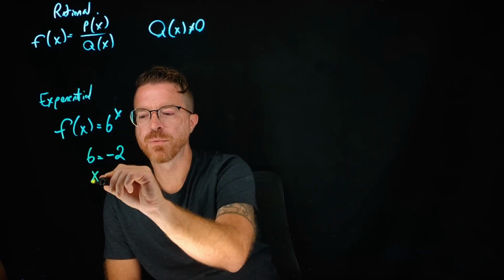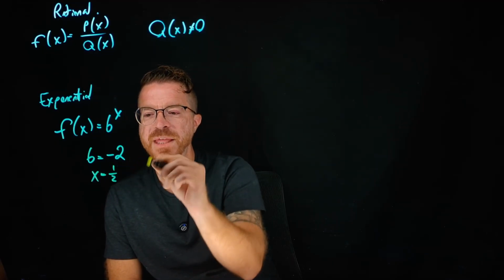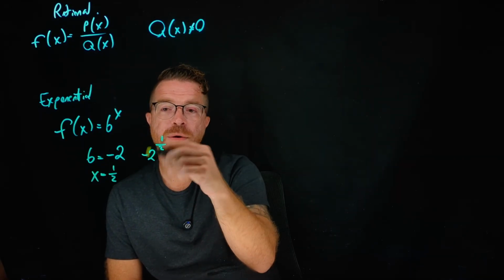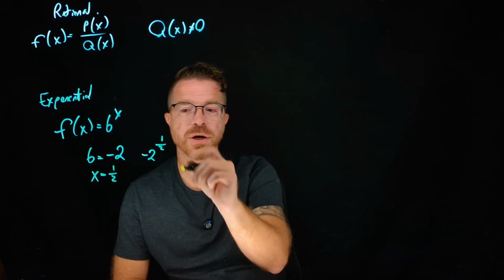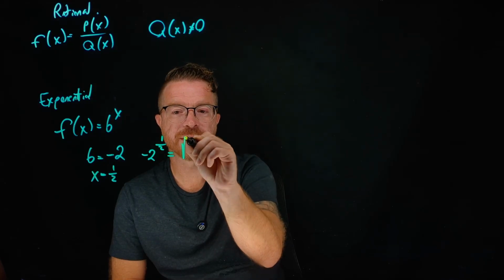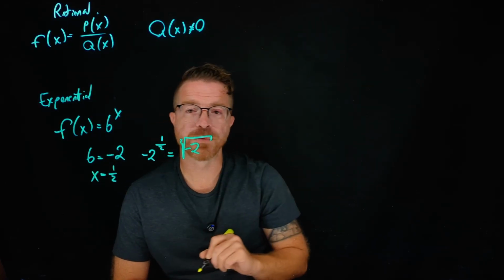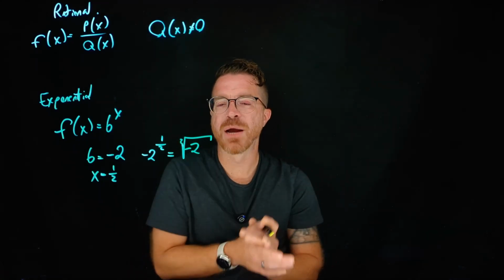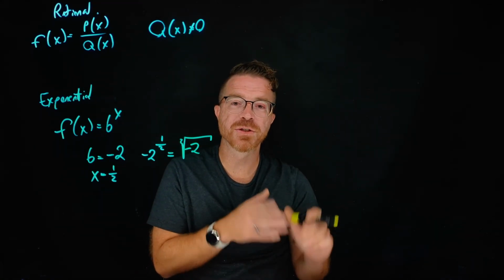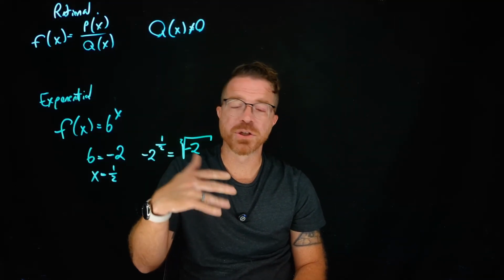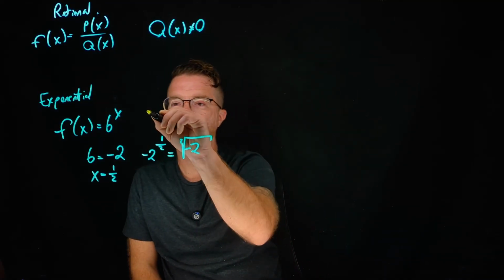So if x is equal to 1/2, then this would be -2 to the 1/2. Well, 1/2, if you remember from what we were just talking about, would be the same thing as saying this is the square root of -2. In which case, now we're dealing with complex numbers. So for most functions, then this would mean that this doesn't really work, which is why our b would need to be positive.